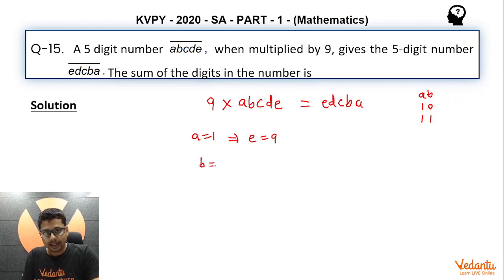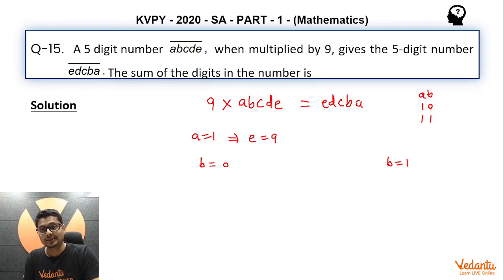Here B, as we have already discussed, can be either 0 or 1. Now since E is conclusively 9, whether you see it as 9 multiplied by 1 giving you 9 here, or 9 multiplied by E giving you A as 1, that means you can say 9 times 1 is 9, 9 2s are 18, 9 3 times is 27, 36, 45, 54, 63, 72, 81.